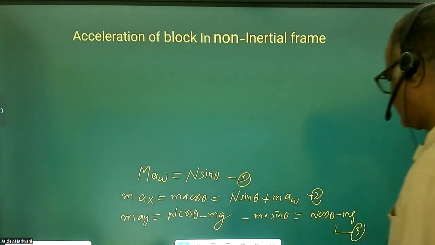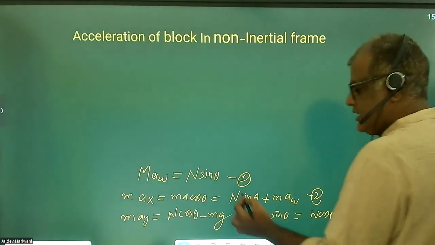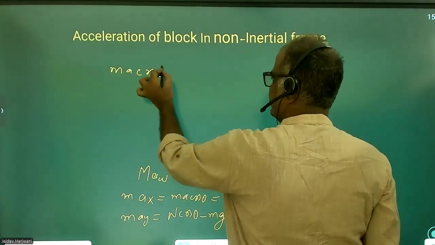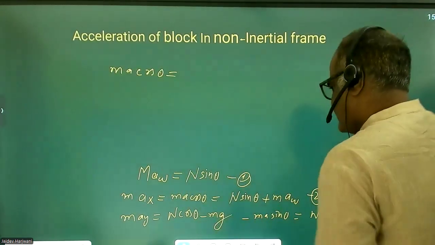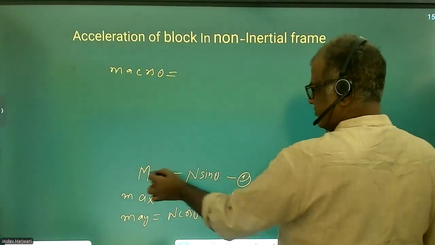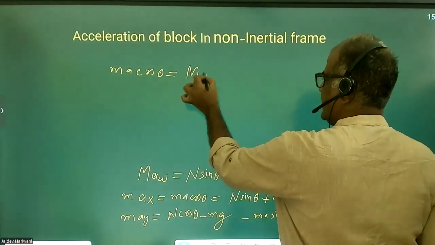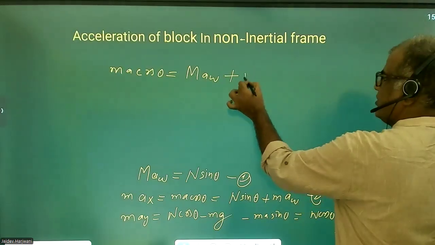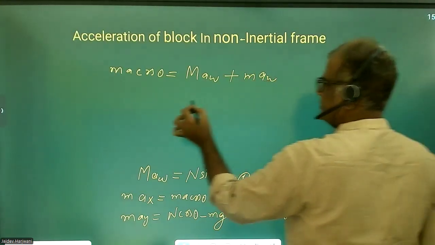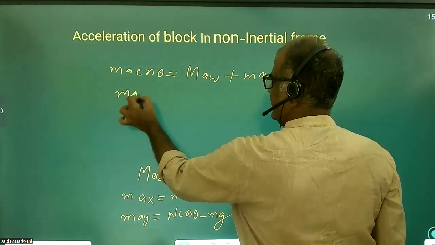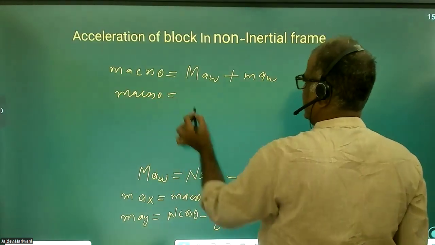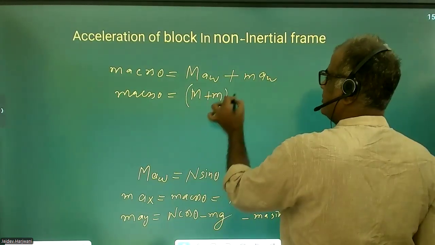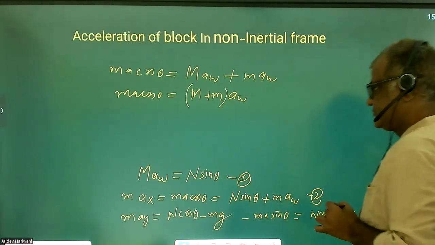Now I can write equation number 2: m a cos theta is equal to N sine theta. The N sine theta value I can put from equation 1, so this gives me M a_w plus m a_w. So this gives me m a cos theta equals (M plus m) times a_w, taking the acceleration of the wedge common.